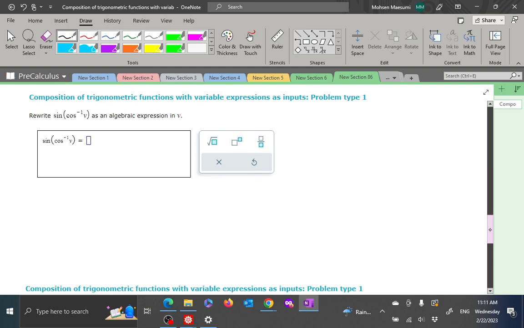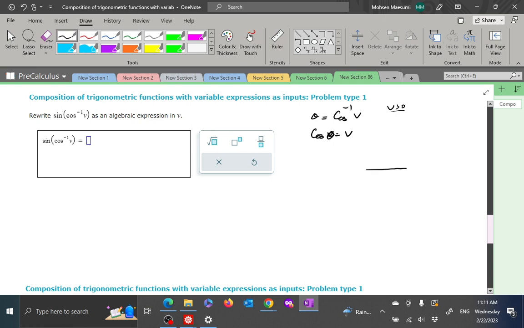Sine of cosine inverse of v. So we consider the angle theta. Cosine inverse of v is some angle. Let's call it theta. And let's assume v is positive, and therefore theta is in the first quadrant. What picture matches this? Well, this means that cosine of theta is v.